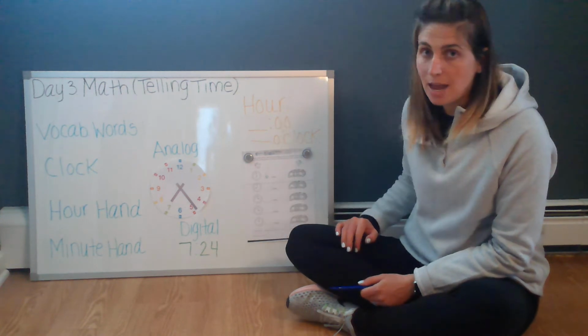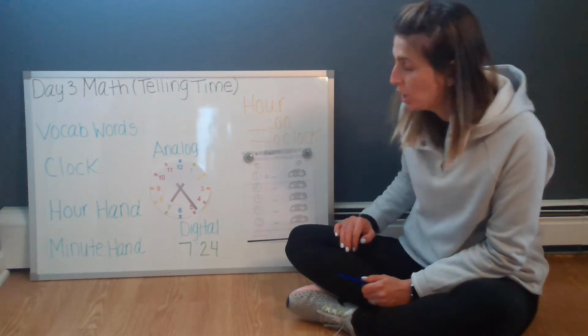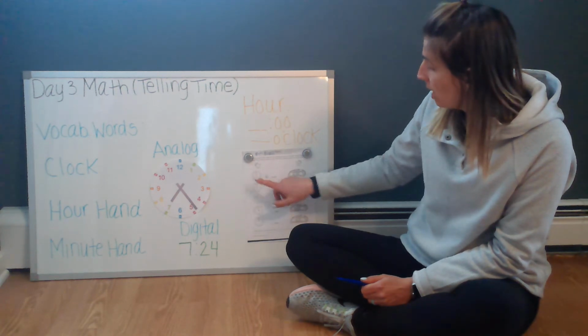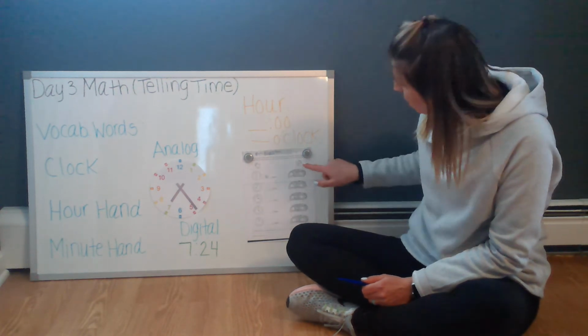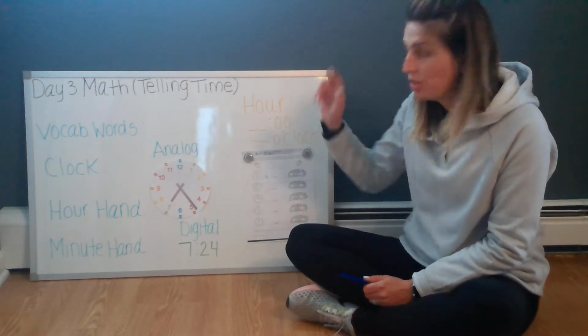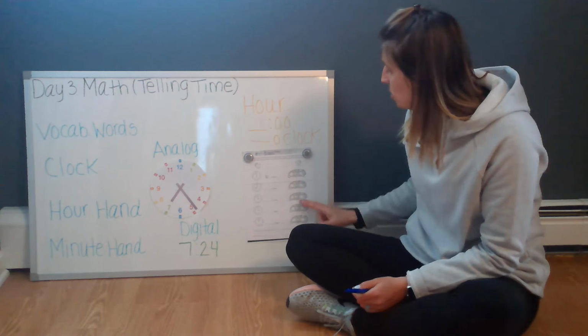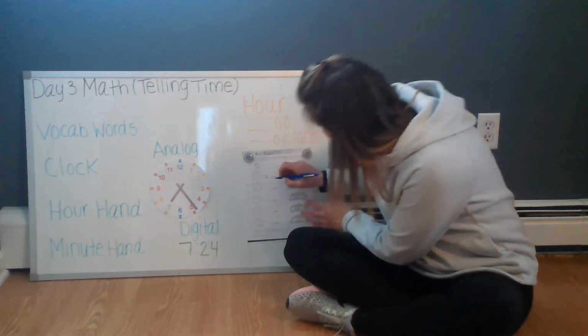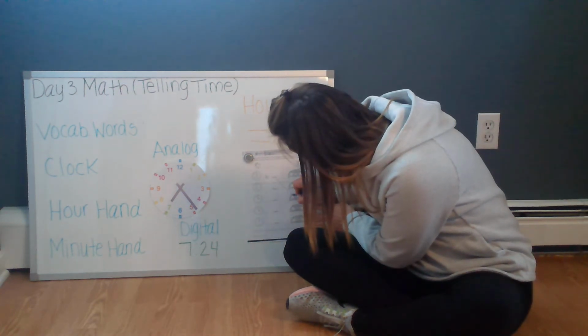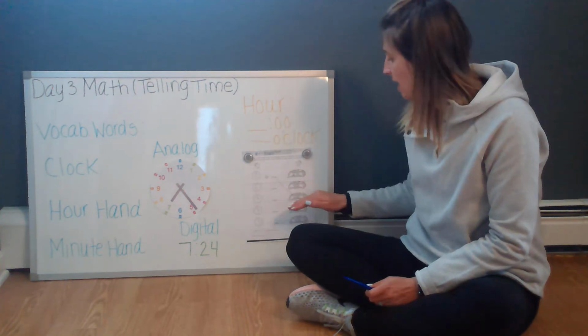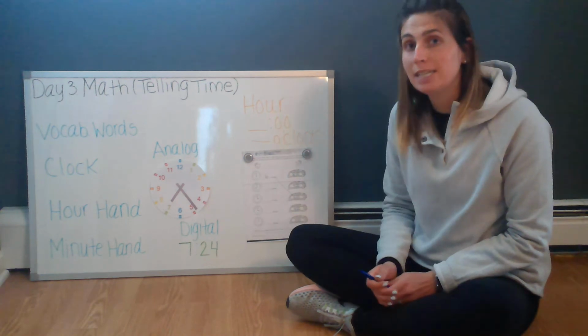Then my next step is I'm going to match my analog clock to my digital time. So now I'm going to look for the clock on the right-hand side, the one that has the hand with the R, to see where 6 o'clock is, and I'm going to draw a line to match it. So I have 6 o'clock shown in analog time, and I have 6 o'clock shown in digital time.